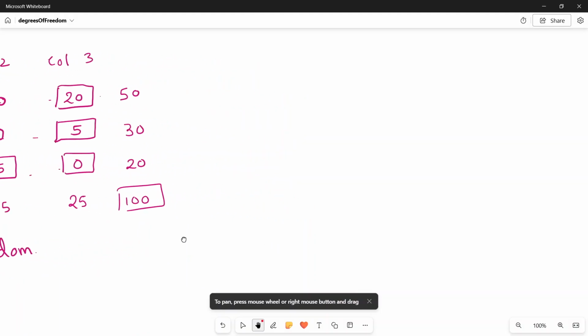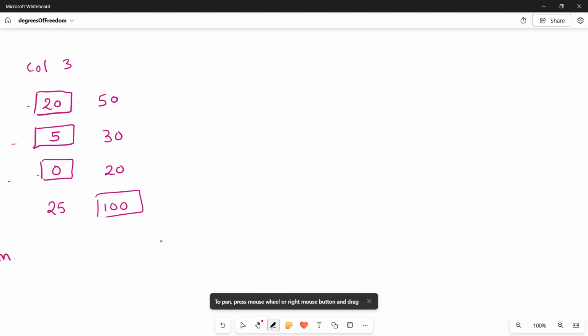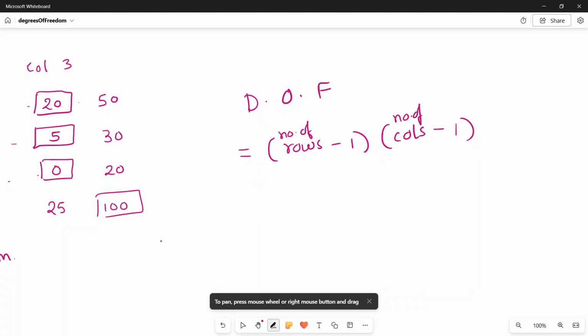It can be a rectangular table, with the number of rows not equal to the number of columns, or whatever. In general, degrees of freedom is equal to the total number of rows minus 1, into the total number of columns minus 1. You multiply those, and that will give you the total number of degrees of freedom for any given contingency table.